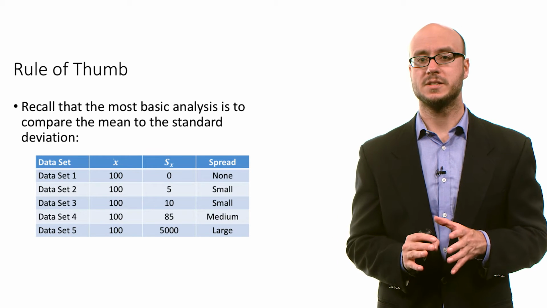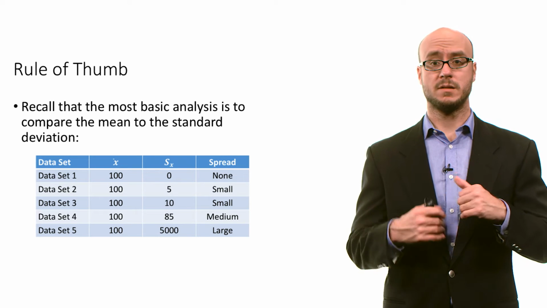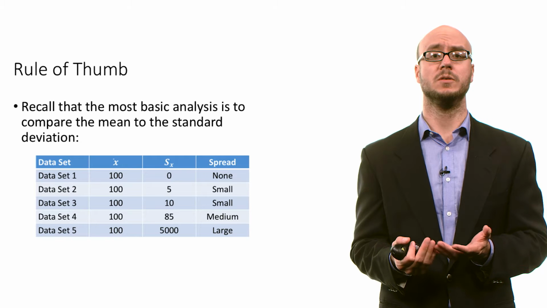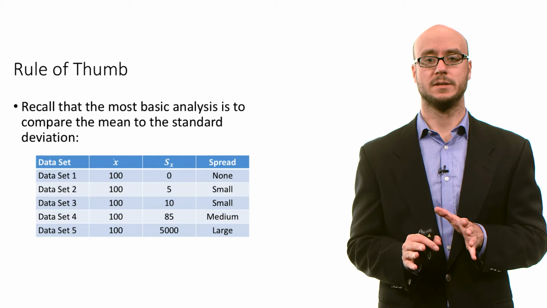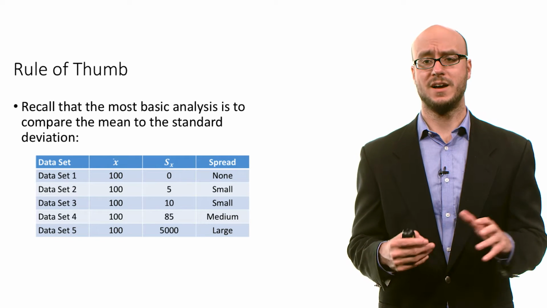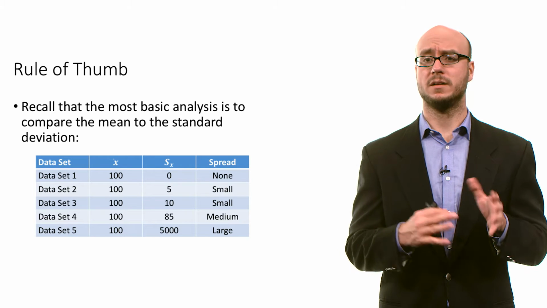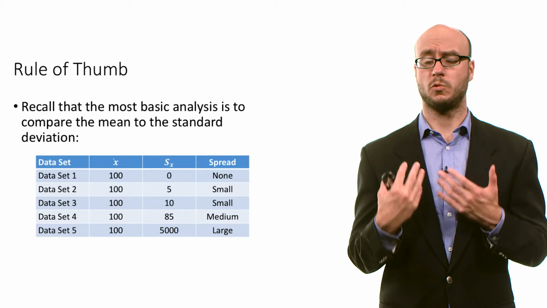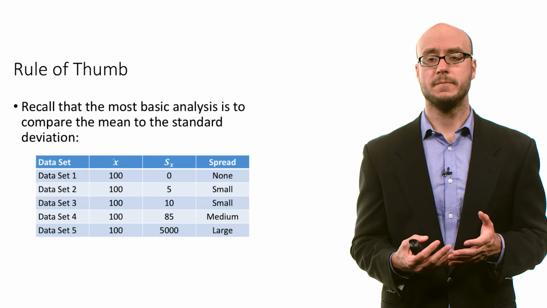But the key point here is that if we had a different mean, then a standard deviation of 5,000 may be a pretty small spread. So suppose the mean were 10 million. Well, a standard deviation of 5,000 is pretty small relative to the mean. So that distribution would suggest a really quite small overall spread.